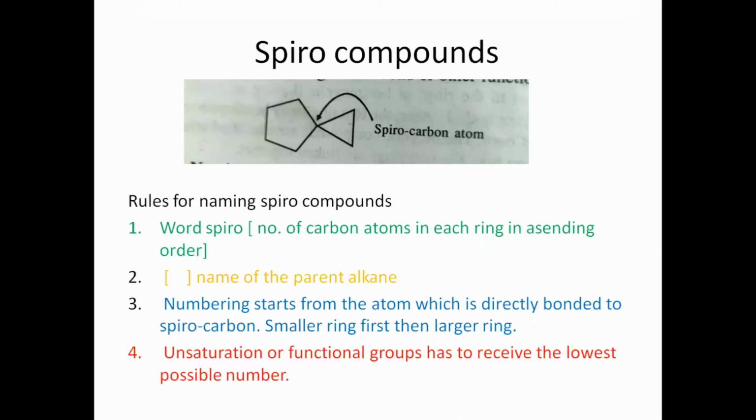The first rule: the word Spiro, followed by a square bracket mentioning the number of carbon atoms in each of the rings.